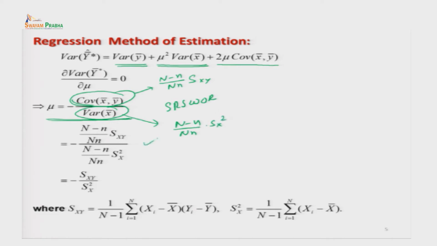I take the ratio of the two, and this term cancels out and we get minus capital Sxy upon capital Sx square. Both these terms, capital Sxy and Sx square, are the same as what we used in the earlier lecture. So you have to keep in mind that the form of mu is coming out to be minus Sxy upon capital Sx square.